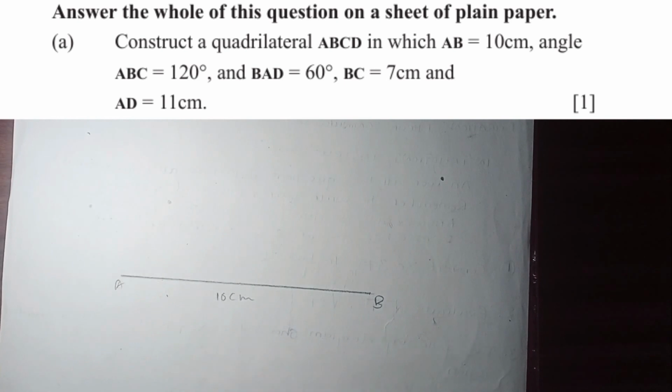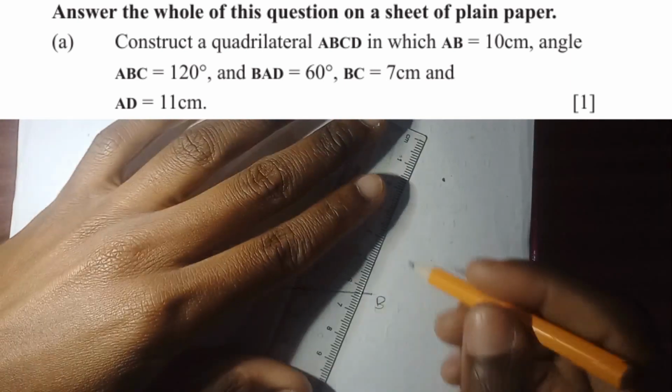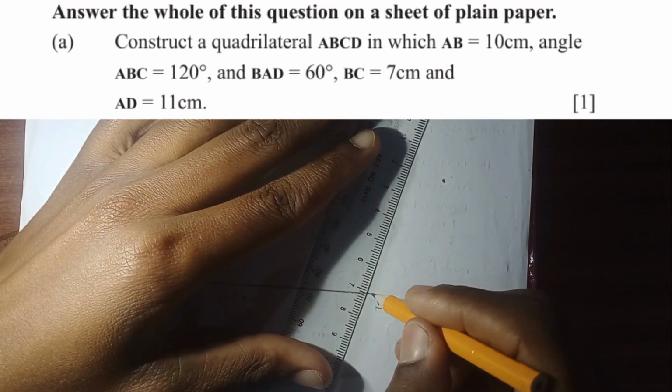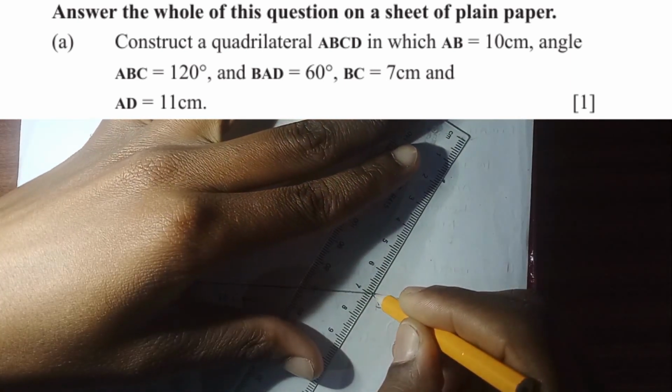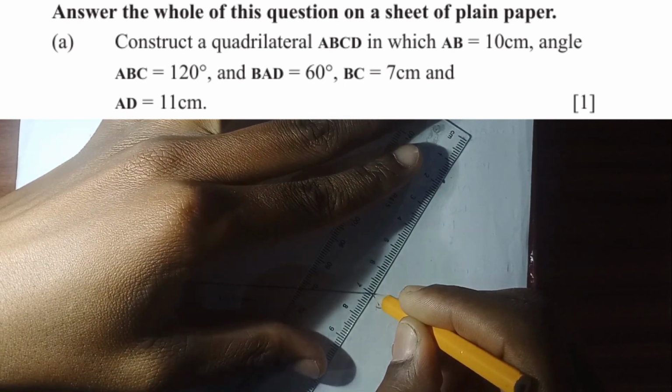Then what have we been told? BC is 7 centimeters. For that, we are going to need a ruler. So let us get a ruler and draw a 7 centimeter line. The line should pass through that point we placed earlier.